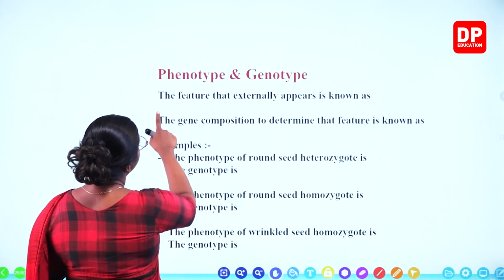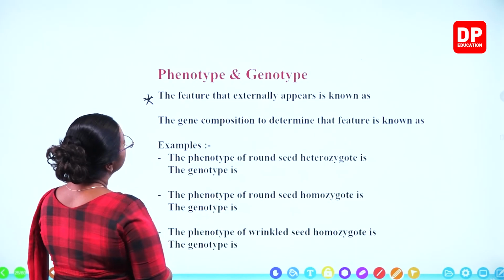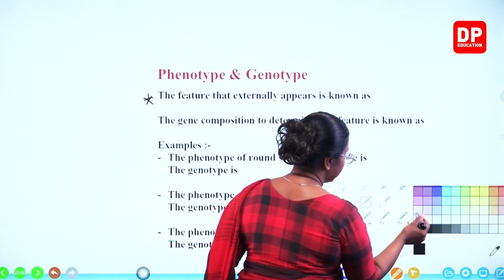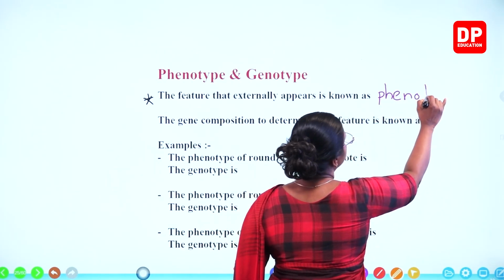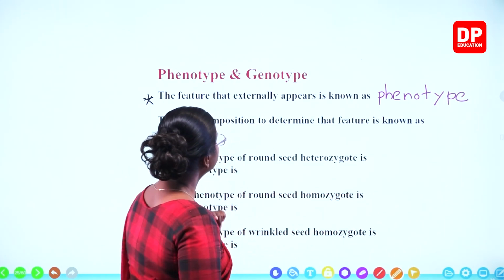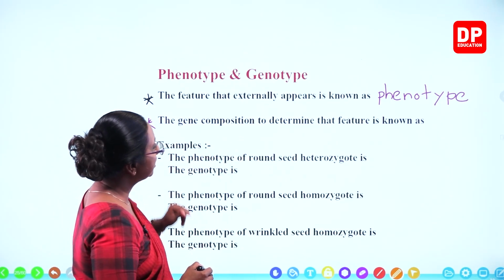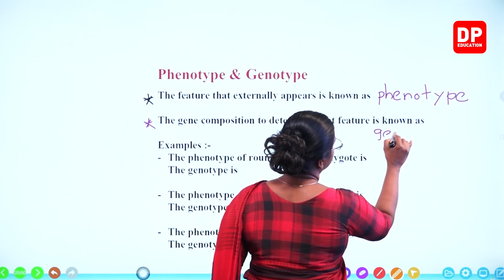The feature that externally appears is known as phenotype. And the gene composition that determines that feature is known as genotype.